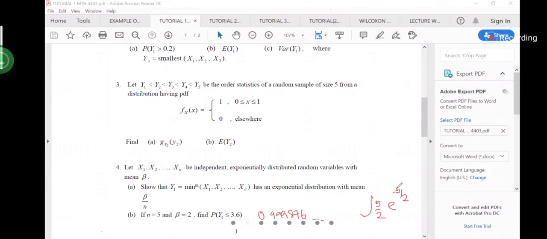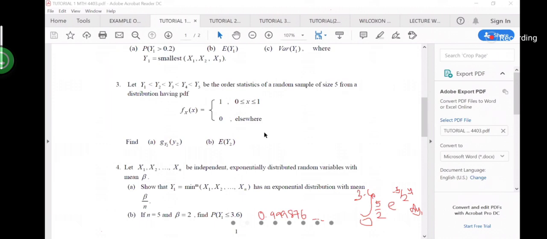This is 5. Hard to write this. 5 over 2, y1, dy1, from 0 to what? 3.6. Okay. So you should get this when you integrate. Okay, next.